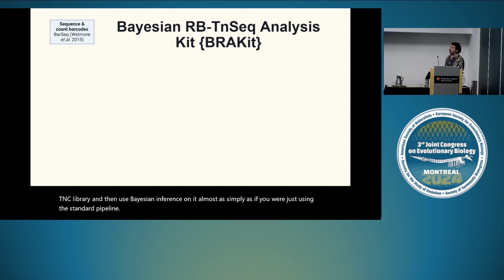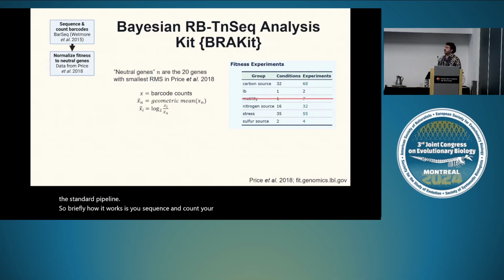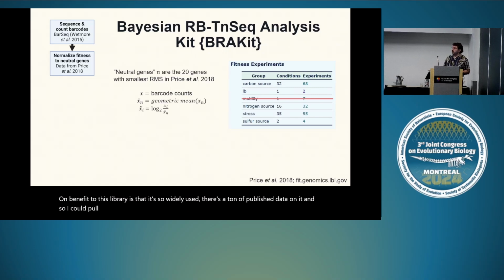Briefly, how it works is you sequence and count your barcodes. You normalize fitness to neutral genes, which I have defined. One benefit to this library is that it's so widely used, there's a ton of published data on it. So I could pull out one study, Price in 2018, which grew this library in almost 100 unique conditions.